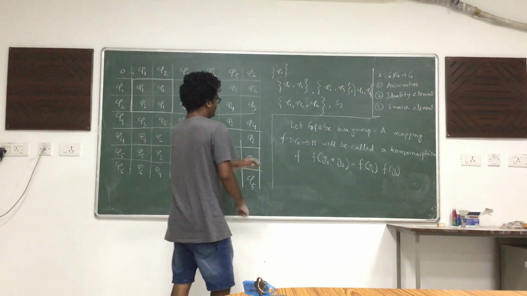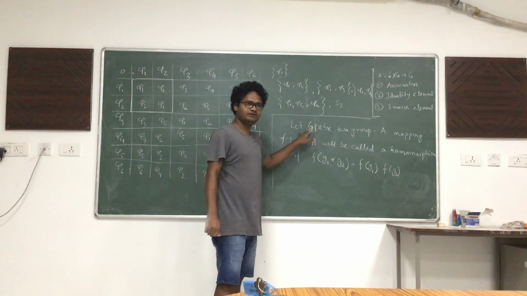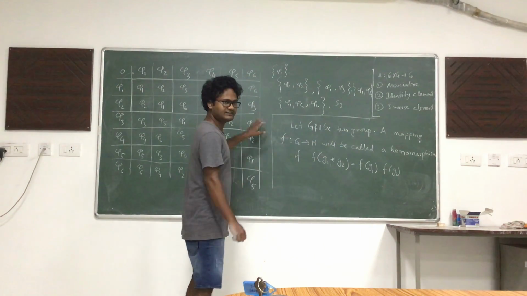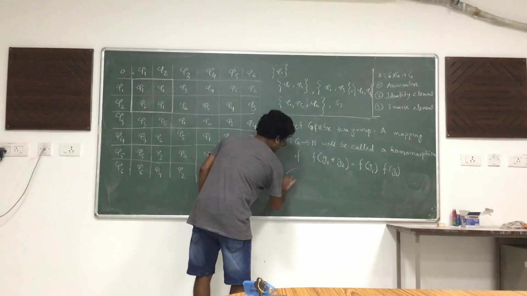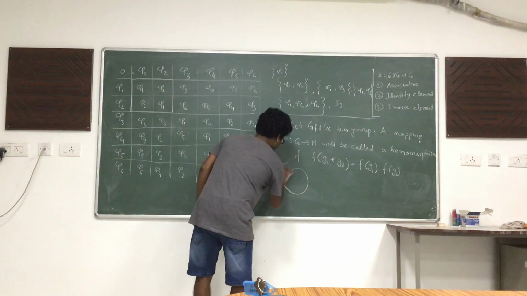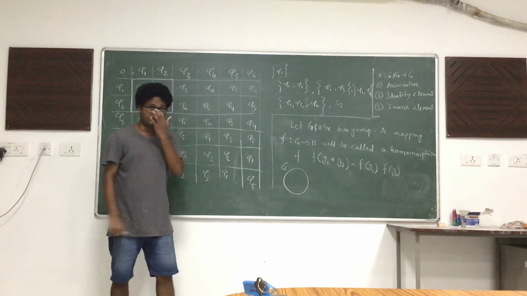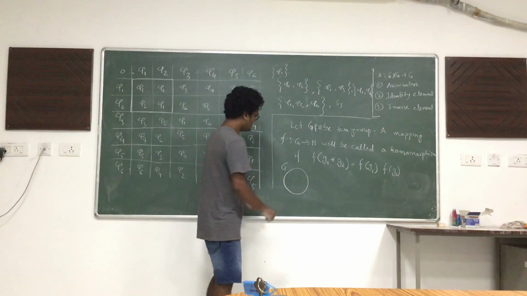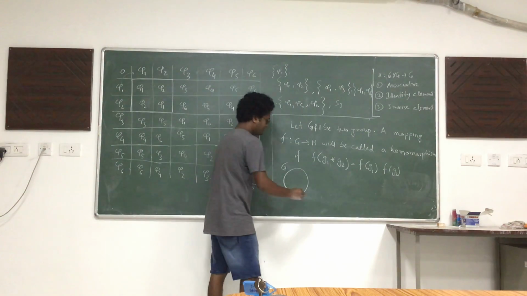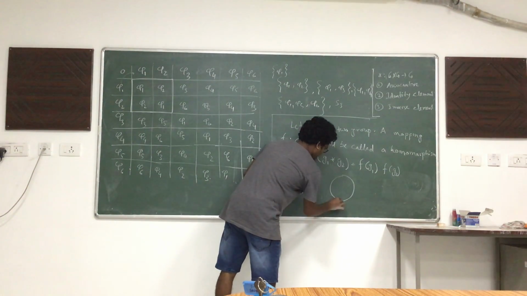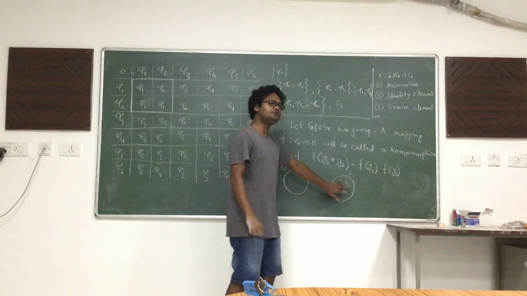That means, so this statement is understood. I have a group G, let us say represented by this Venn diagram, a circle. So G is a group, and H is another group. Let's say 2 different groups.